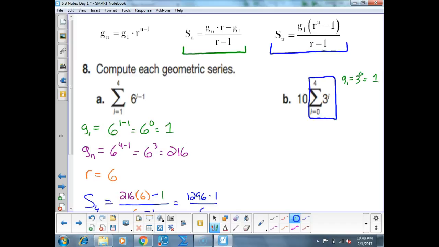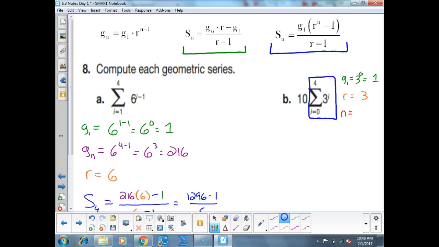I need R. What's R? 3. I need N. What's N? It is not 4. It is not 10.